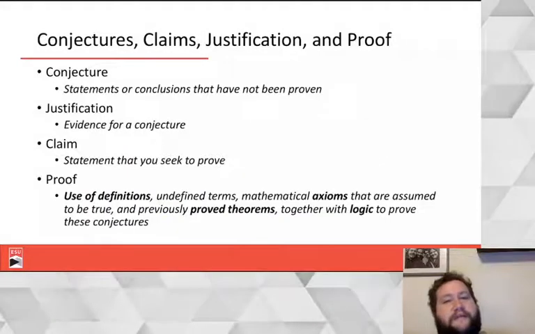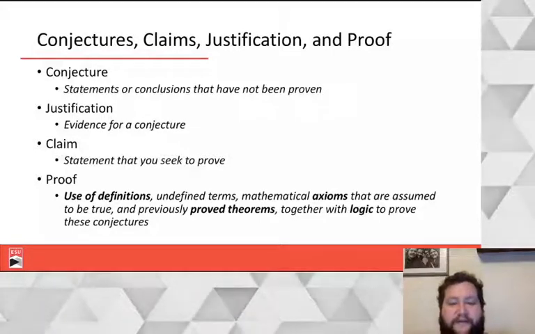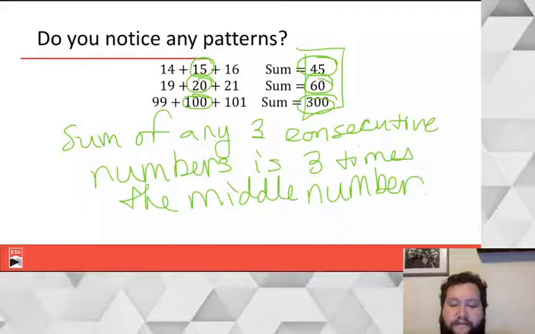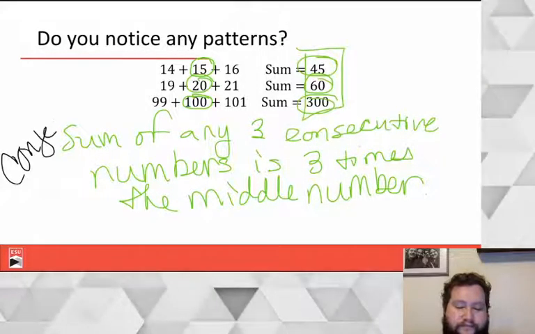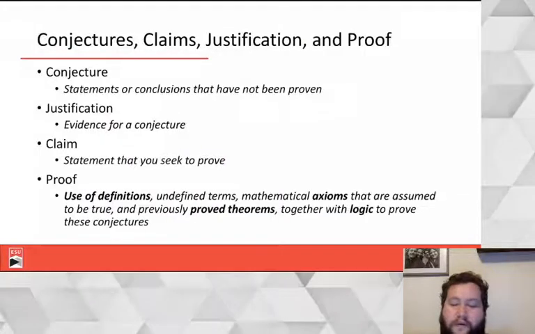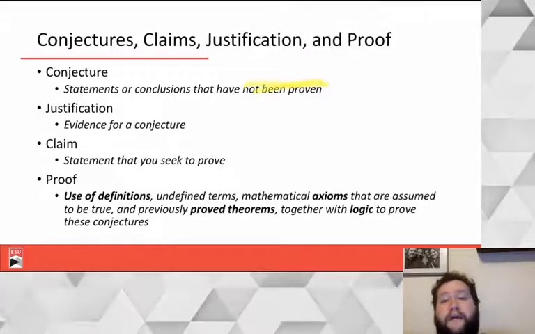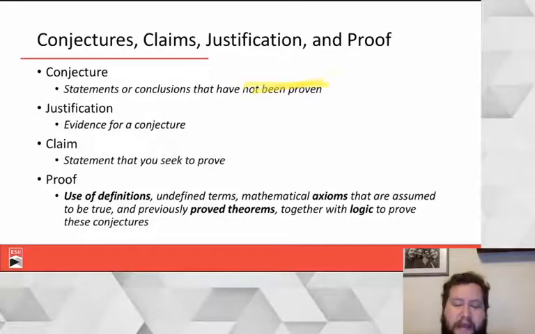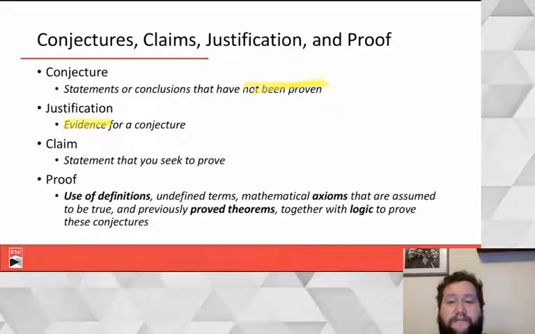So I want to give us some definitions. This statement that I've given you here on the previous slide is called a conjecture. That is a statement or conclusion that hasn't been proven. So I haven't proven to you that that's true, but I've kind of told you that's the case. And then a justification is some sort of evidence. And so I gave you at least 4 examples.